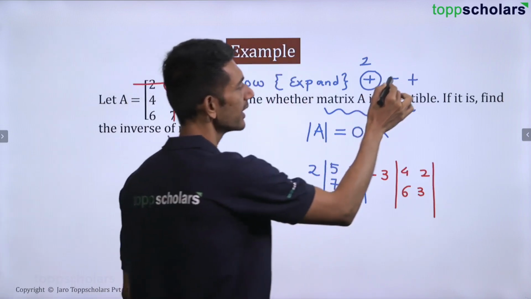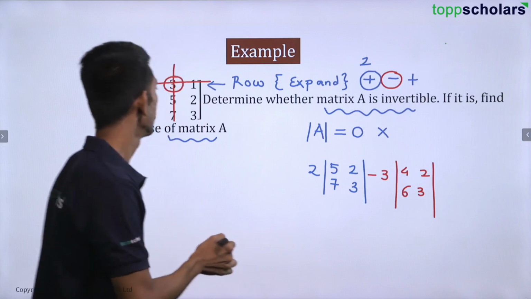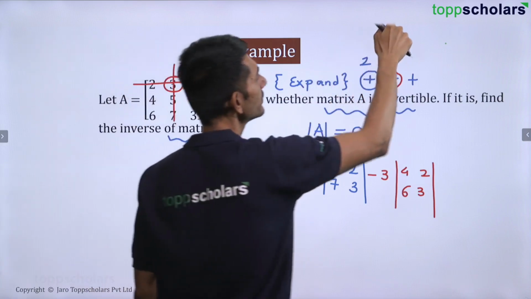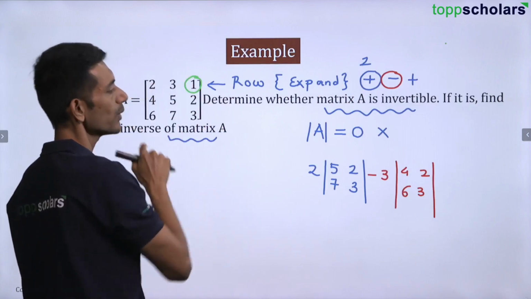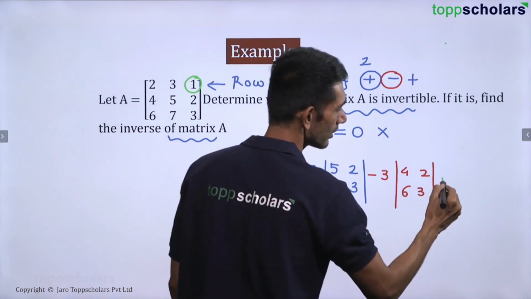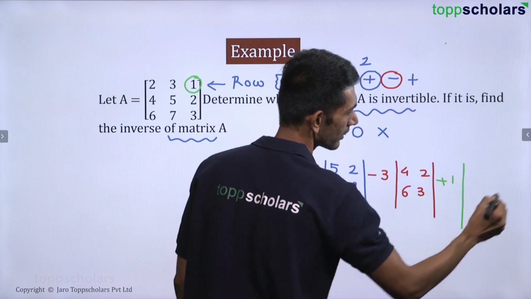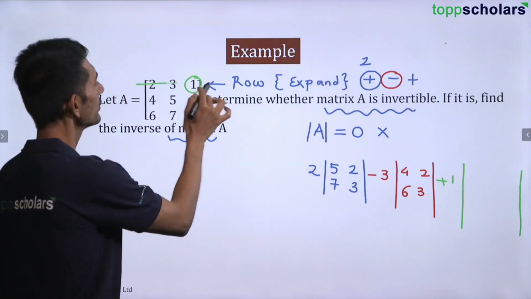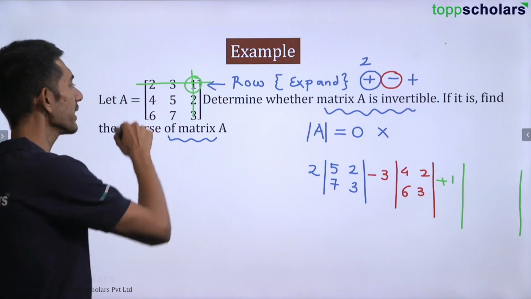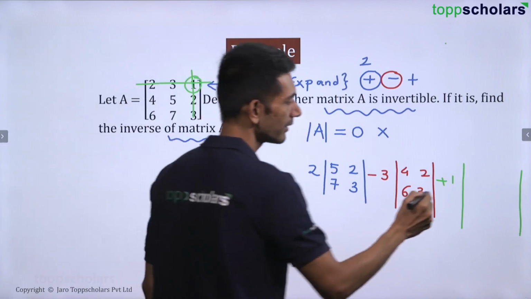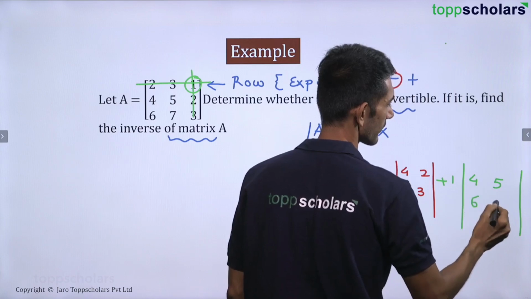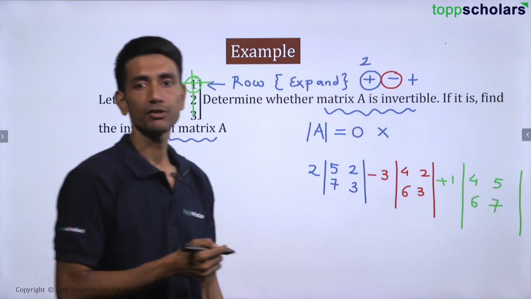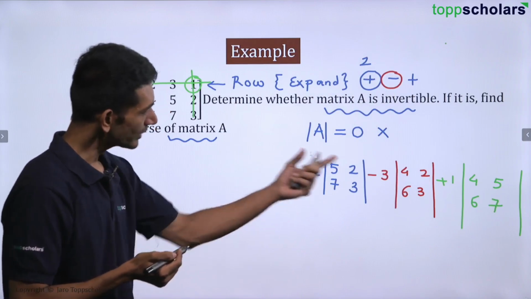So minus is done. Then now you have plus. So for that, what you can do is third one, right? This one. Take 1. So write down plus 1. Remove this row, remove this column. What is remaining? 4, 5, 6, 7. Write down here. I hope this part is clear to you. So that's how you solve it.